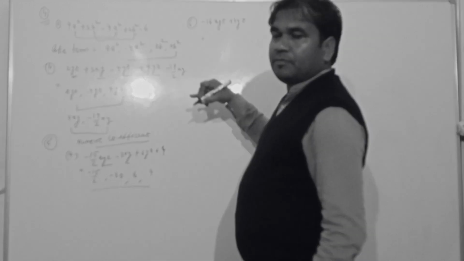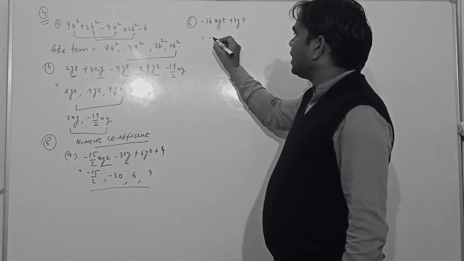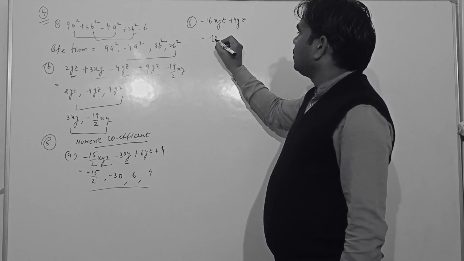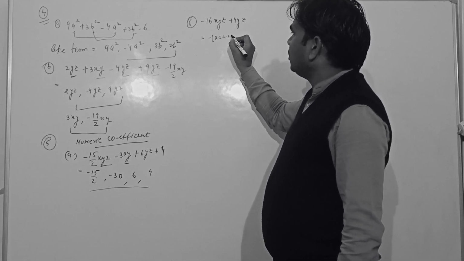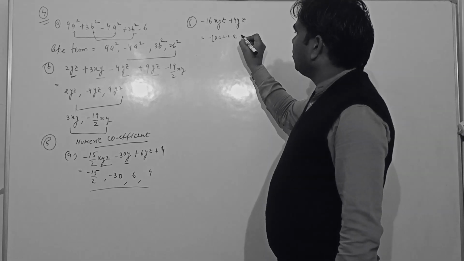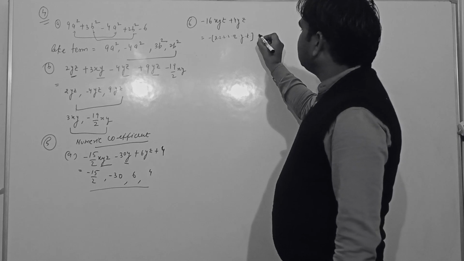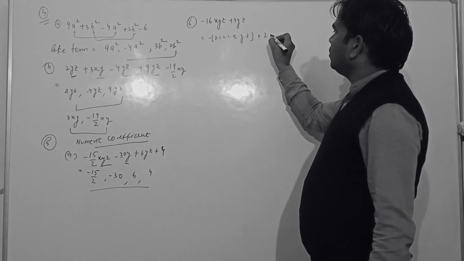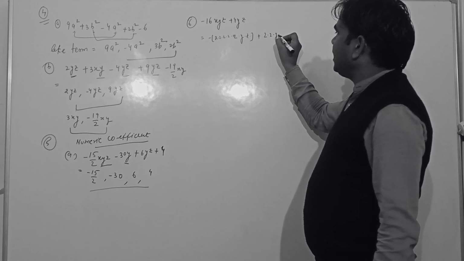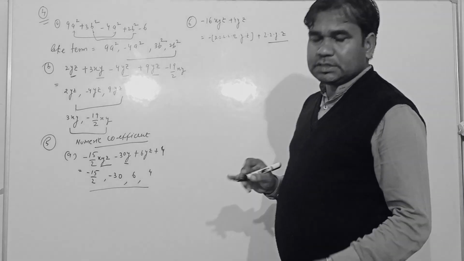Here we can write the factors. 16 we can write as 2 dot 2 dot 2 dot 2, and x, y and z. And the same for 4yz: 2, 2, y dot z. So these are the factors of these terms.